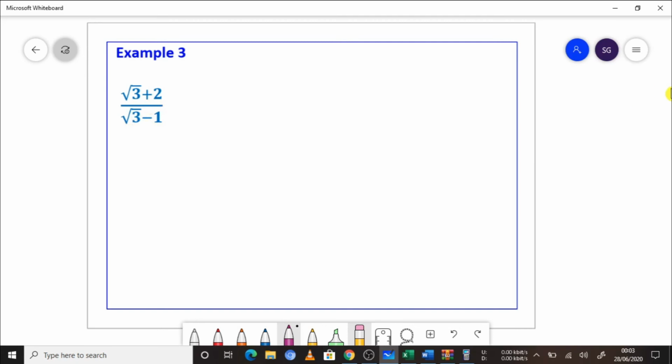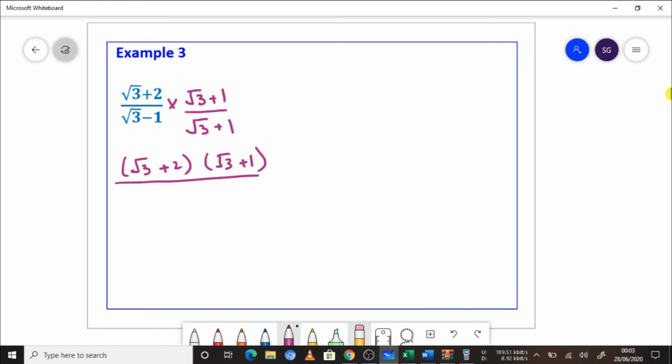So here we have root of 3 plus 1, and you multiply and divide by that. And now you simplify. So it's root of 3 plus 2 times root of 3 plus 1, and divided by a minus b times a plus b would give you this difference of their squares form.